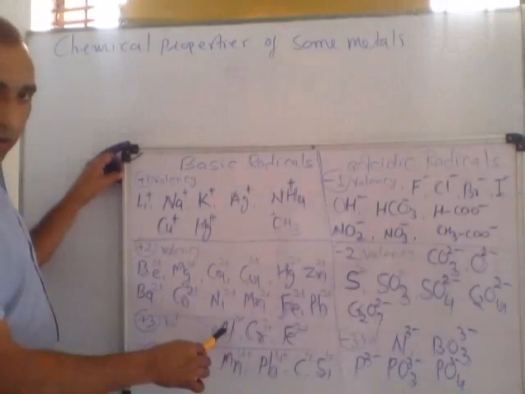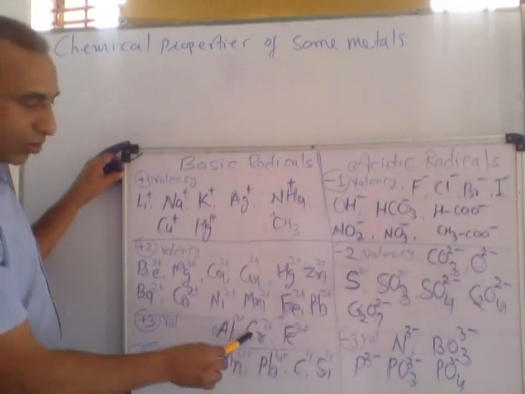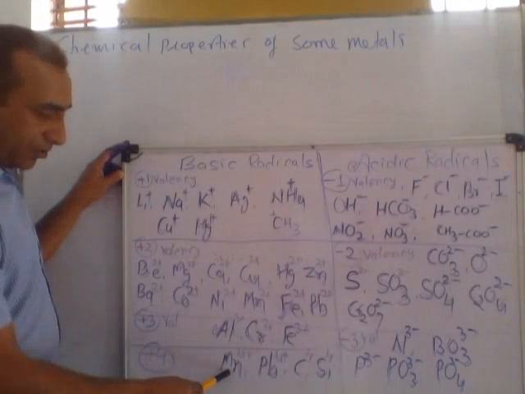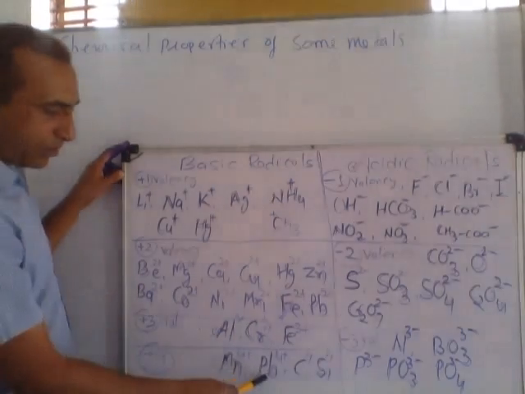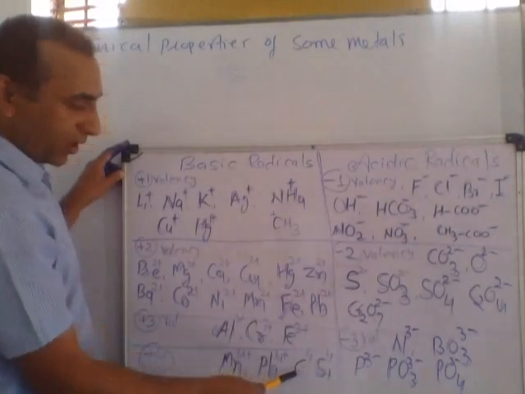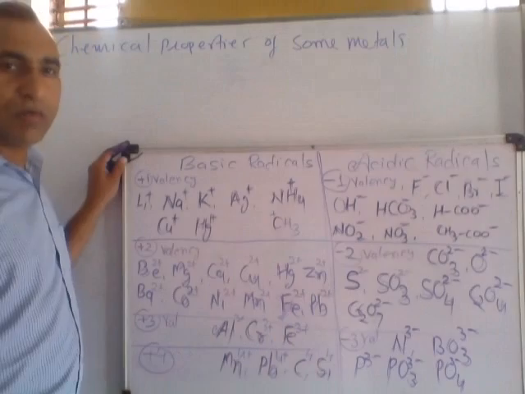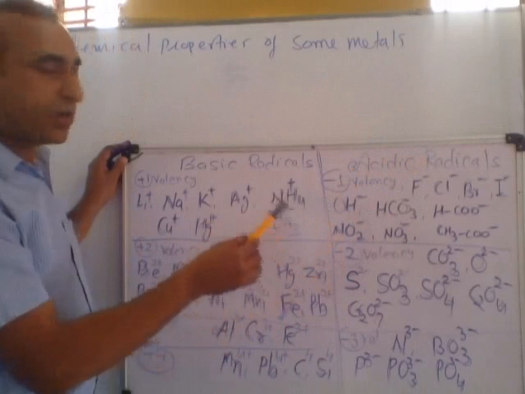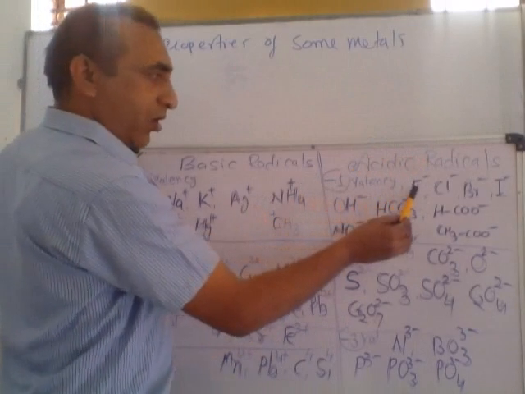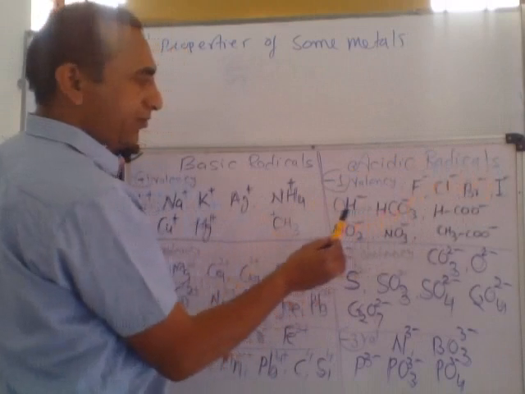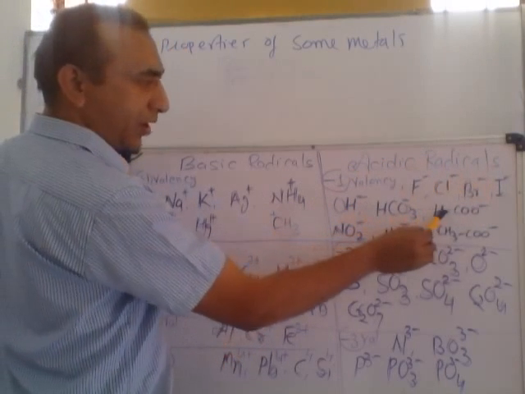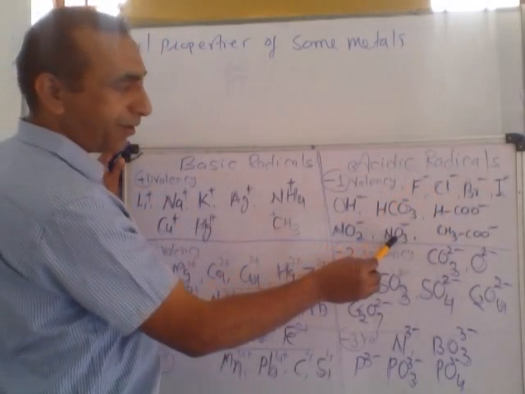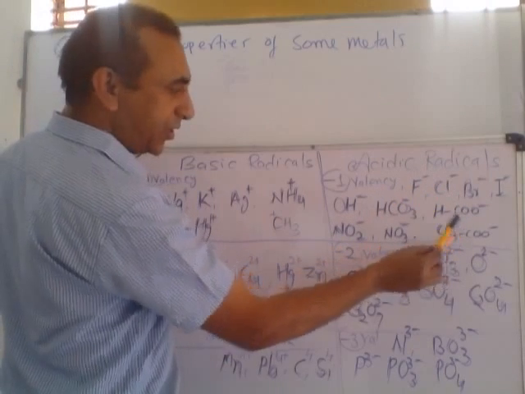Plus 3 valency elements are aluminium, chromium and iron. Some elements have 4 valency, like manganese, lead, carbon and silicon. Some acidic radicals, meaning radicals with minus sign, are fluoride, chloride, bromide, iodide, hydroxide, bicarbonate, HCO3 minus, formate, nitrite NO2, nitrate NO3, acetate.